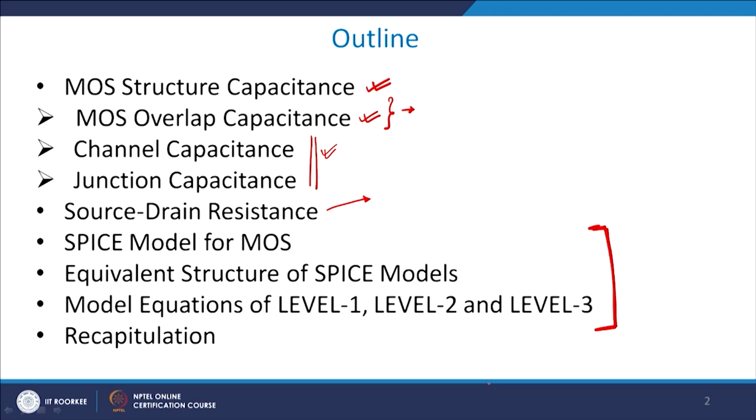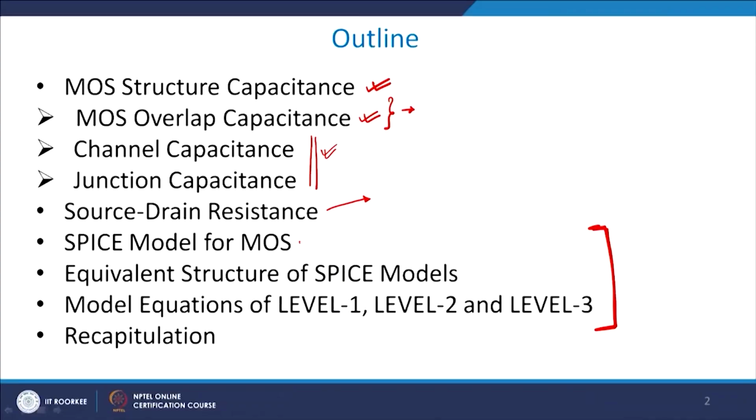SPICE is basically a circuit simulator which is used quite often by a large number of people across the world. Most versions of SPICE are open source and can be downloaded from the net and used by you. Therefore, you should understand how the MOS works within SPICE, or what the equivalent circuit model for a MOS device within SPICE is, and that is what we will be taking up.